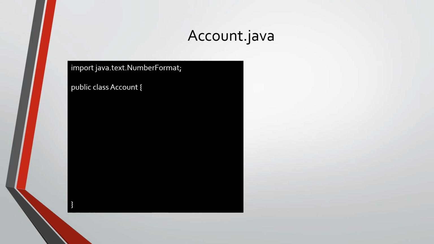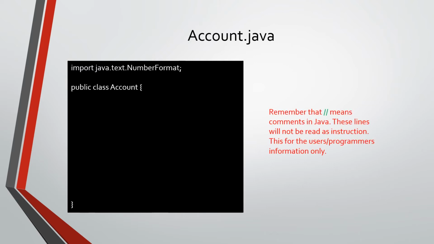Next, we will need to think about the different methods that we will use. In comments, I'll type out what we need. You can do the same if it helps you to visualize what we are doing. Remember that the // means comment. So you will need a method that holds information about the account, such as the account number, the name of the account holder, and the balance of that account.